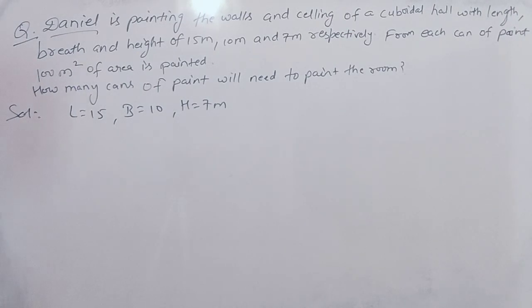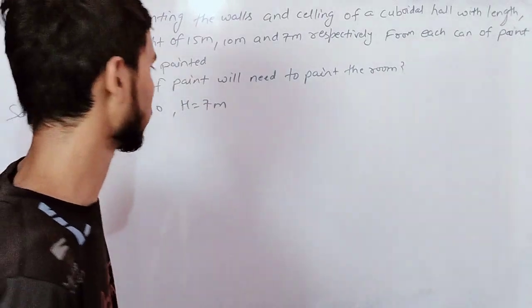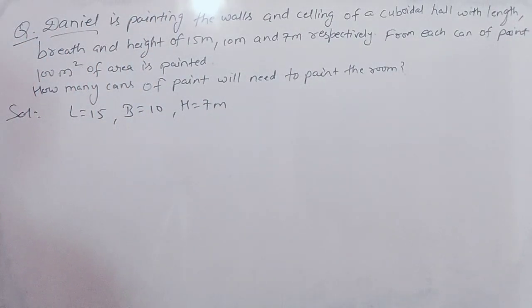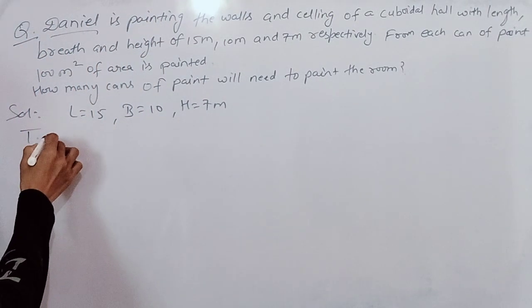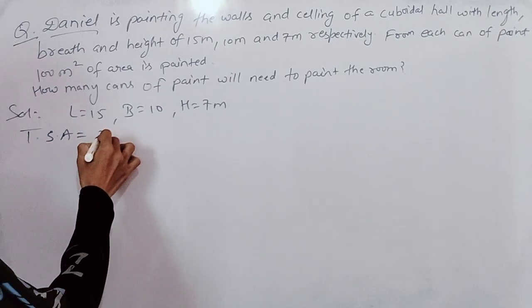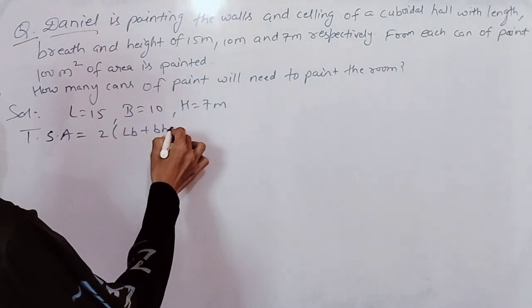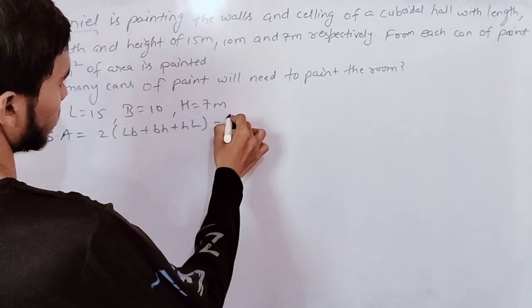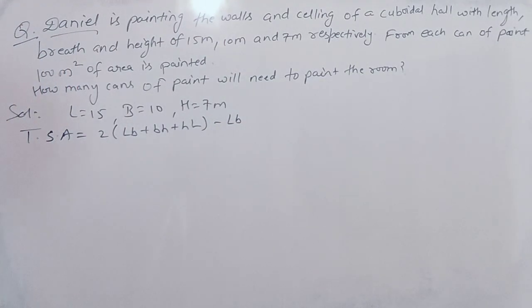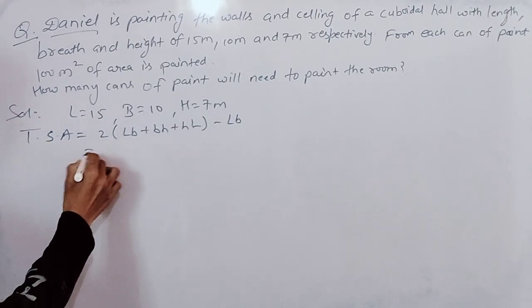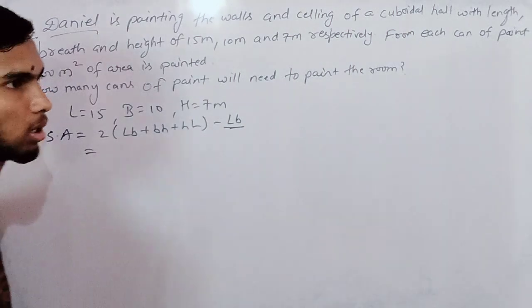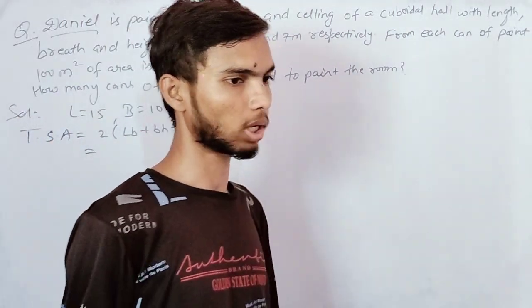How many cans of paint will be needed to paint the room? So your total surface area would be what? 2 into LB plus BH plus HL, minus LB. Why? Here we are removing this LB, the base area of the room.